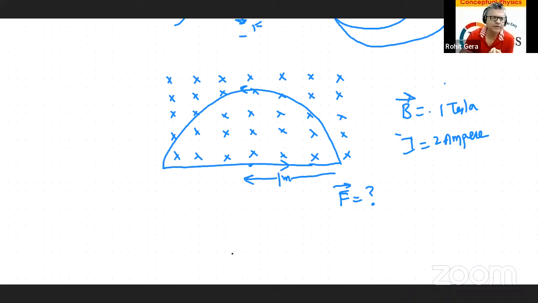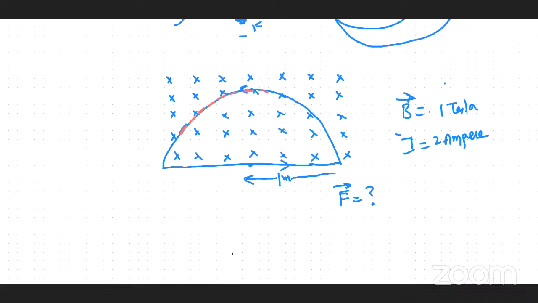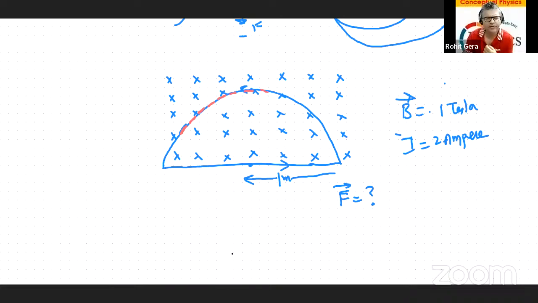Every element is having the same direction of force. What is the total length available to you?